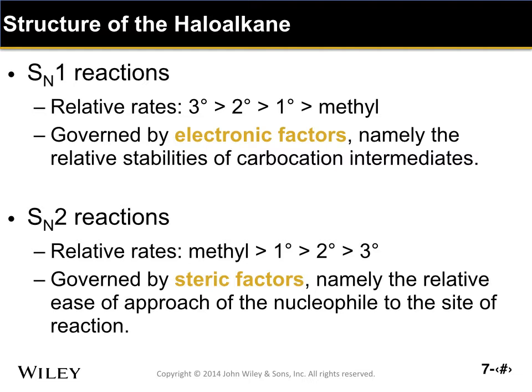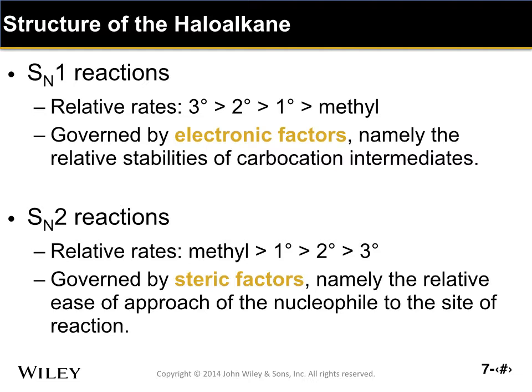For SN1 reactions, you should think about tertiary. You should also think about resonance stabilized carbocations. If they're resonance stabilized, they're going to be much better than carbocations that are not, and we'll see examples of these. For SN2 reactions, you don't make a carbocation, so you don't have to worry about the stability of the carbocation.